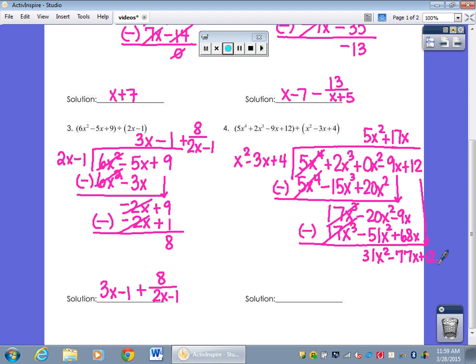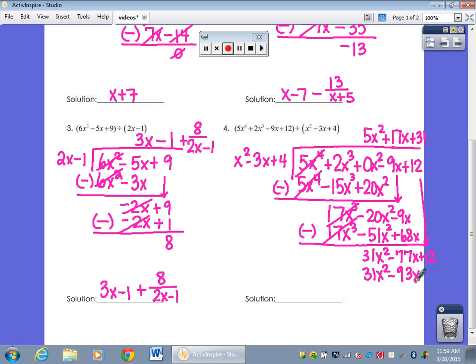Okay, so now we're going to ask ourselves, x squared times what gives me 31x squared, and that would be a 31. Okay, so we have to multiply 31 times x squared, which is 31x squared. And then we have to multiply 31 times negative 3x, which is negative 93x.